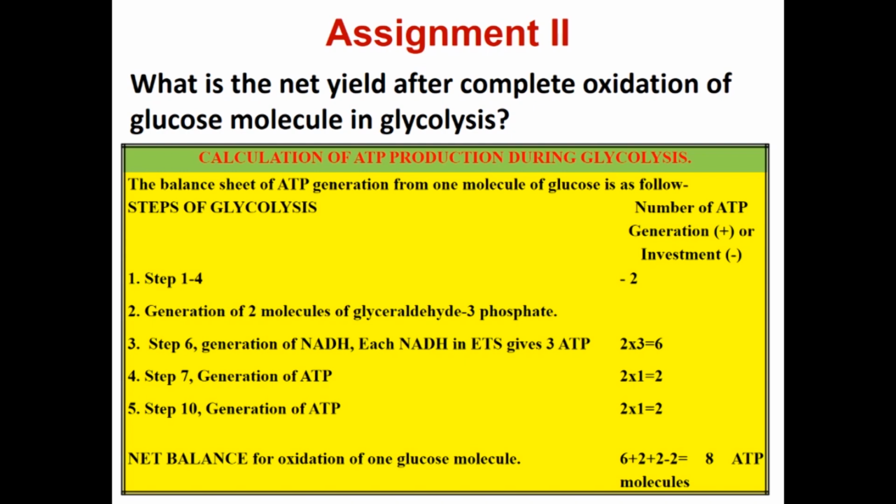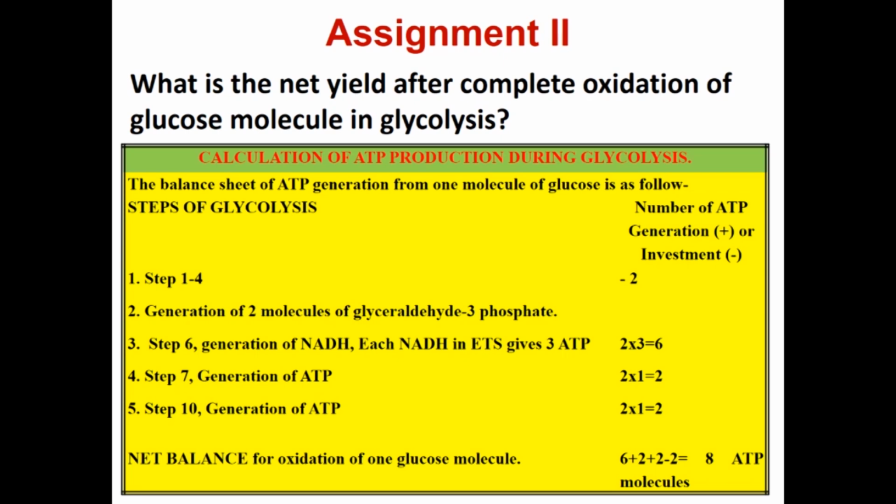From assignment 2, we have asked the question: what is the net yield after completing oxidation of a glucose molecule in glycolysis? And you can see here that we are going to show you the balance sheet. We have given you the options in terms of NADH as well as ATP.